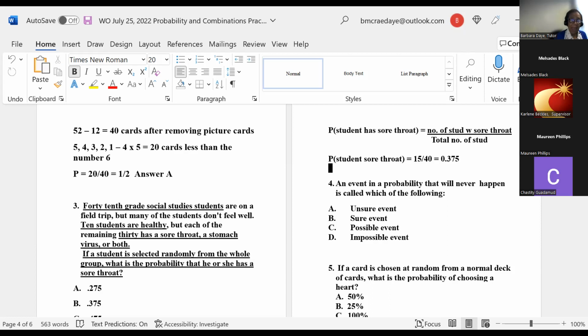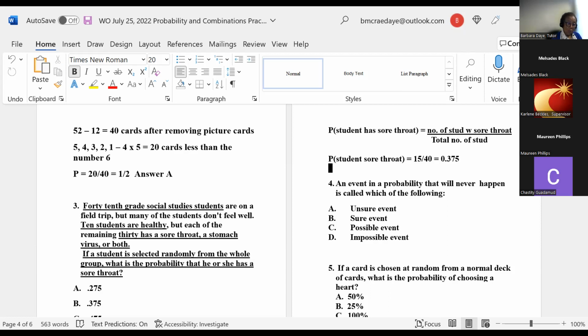It would have to be half, because remember that half that has the sore throat could also have the stomach virus, because they say or both. So you have to say 30 divided by 2 is 15. And that 15 that has the sore throat could also have the stomach virus, because it says or both. So 15 plus 15 is 30.